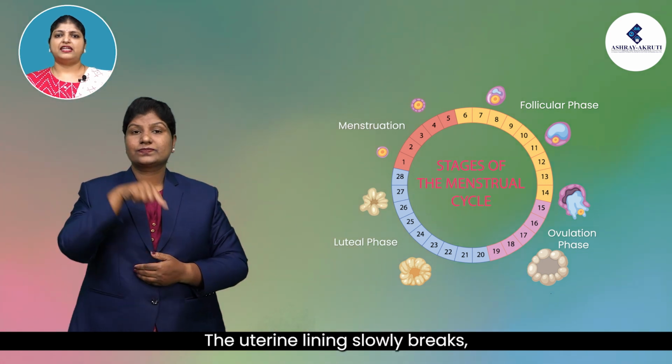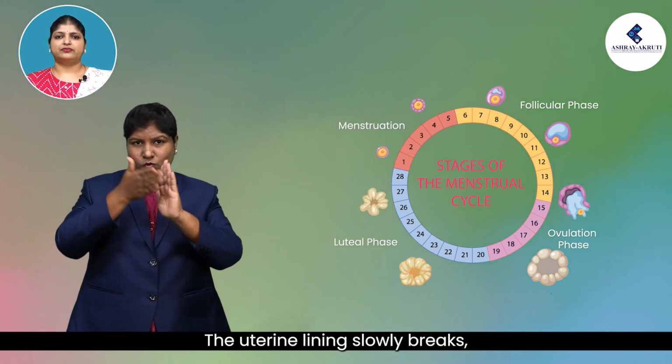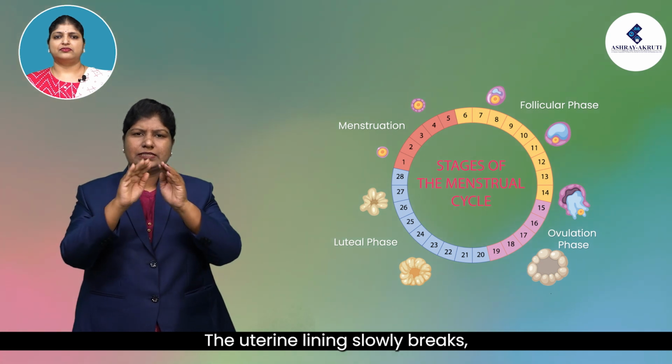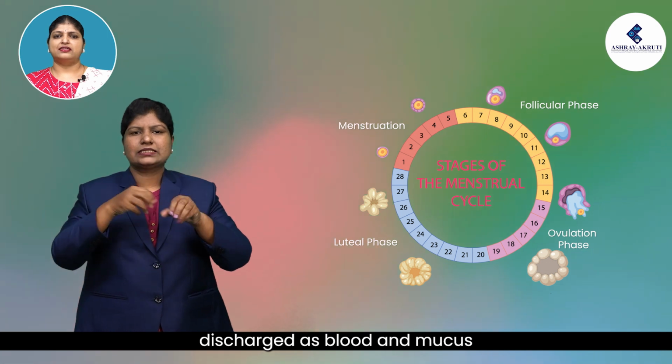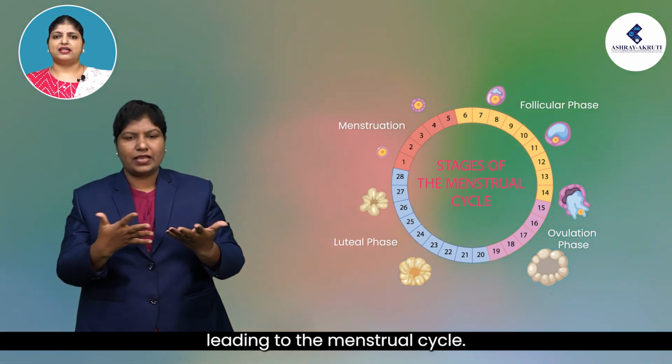The uterine lining slowly breaks, discharged as blood and mucus, leading to the menstrual cycle.